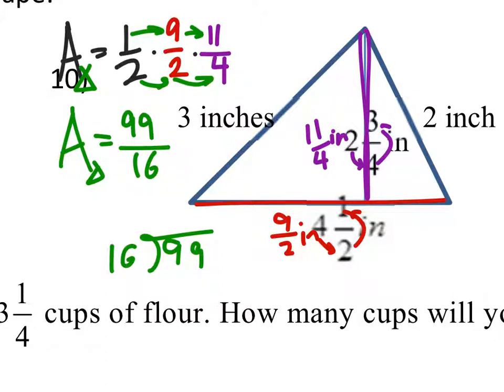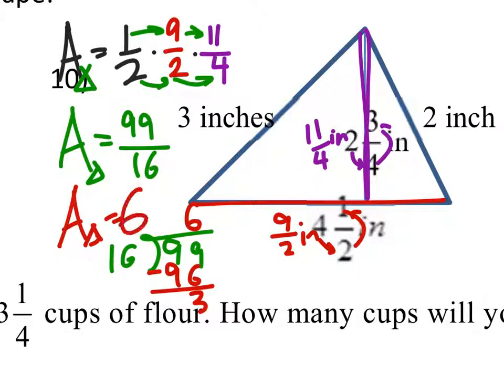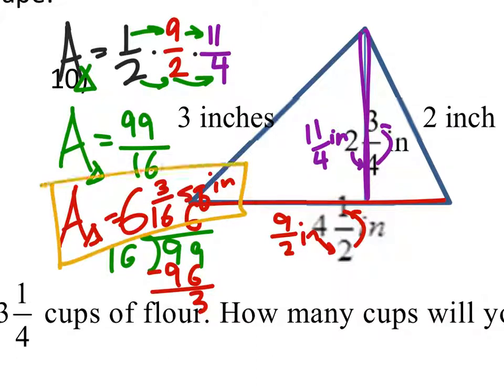So 99 divided by 16, that gives us 6. And after I subtract that 96, I get 3 remaining. So the area of this triangle ends up being 6 and 3/16 square inches. Of course, if you wrote that as inches squared, that's not going to be a problem.